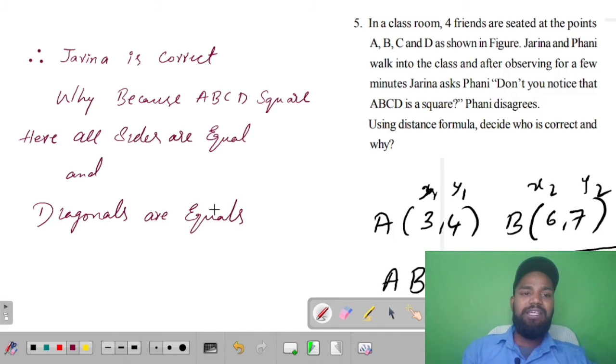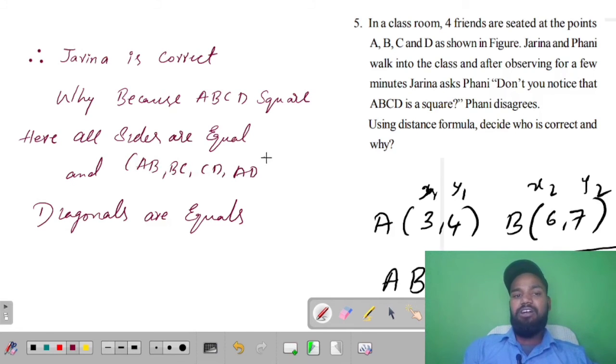So we can say ABCD is a square. What are the sides here? All sides are AB, BC, CD, AD. These sides are all equal. What are the diagonals? AC and BD. Diagonals are also equal. So we can conclude this is a square.